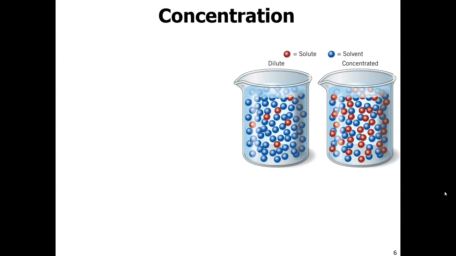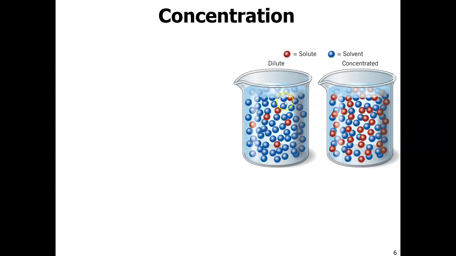In this chapter, we're also going to start talking about concentrations in certain volumes. So if these things are dissolved in liquid, you can see that we have the solute here and the solvent. The solute is in a very dilute concentration in the left beaker, and in the right beaker, it's a lot more concentrated. So we're going to talk about that, and it's not the same, but it's a similar idea to density.